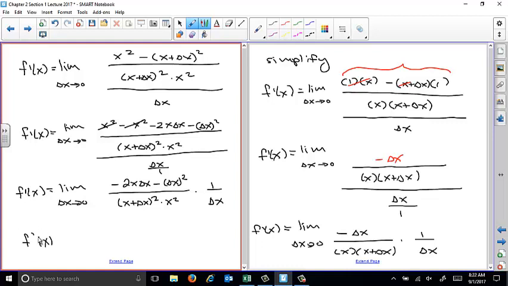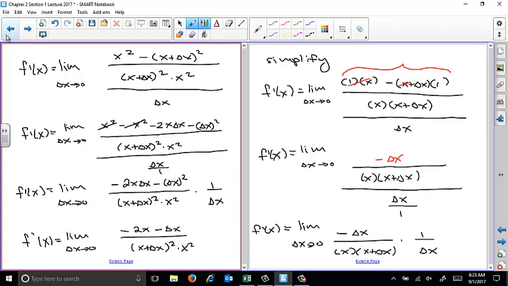Now the next step is the dividing out. I'm dividing out the delta x that's in the numerator and the denominator. So you end up with negative 2x minus delta x, all divided by x plus delta x quantity squared times x squared.